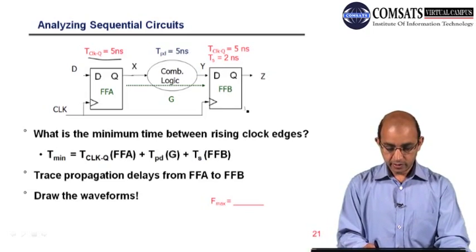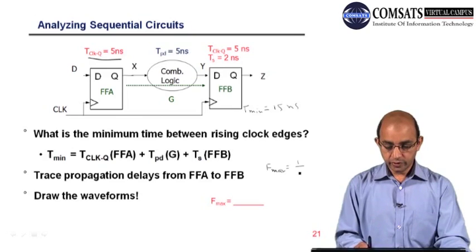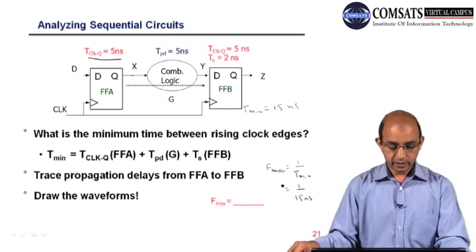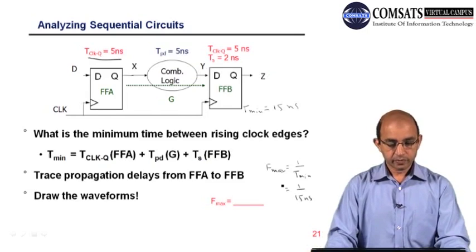So T minimum will be equal to 15 nanoseconds. F maximum will be 1 over T minimum, so that is 1 over 15 nanoseconds.